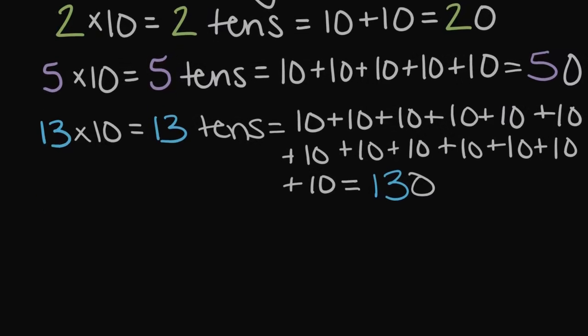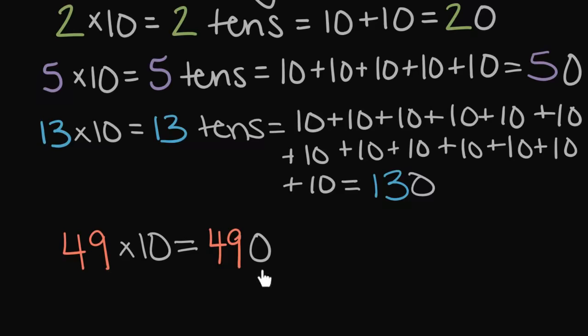What if we had something a little bit tougher, maybe like 49 times 10? Well, 49 times 10, you may guess it, is going to be a 49 with what at the end? A 0, or 490, because this would be 49 tens, and if we counted 49 tens, we would get to 490.